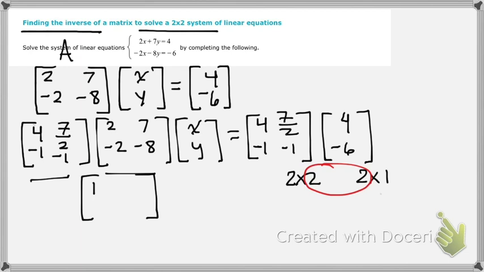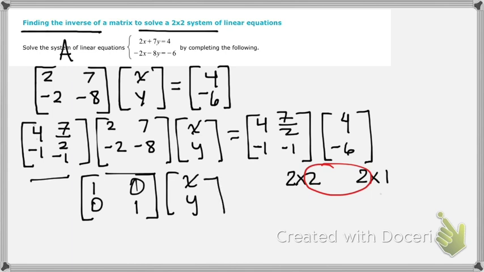And then that'll be 28, 4 times 7, and then minus 28 is 0. And then I'll have -2 plus 2 is 0, and -7 plus 8 is 1. And there's the identity matrix.